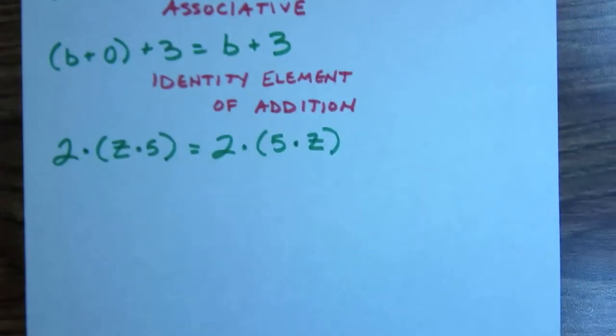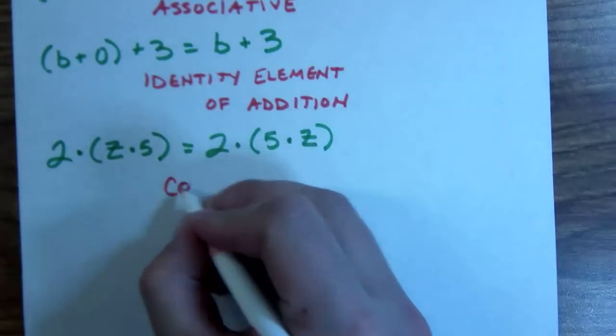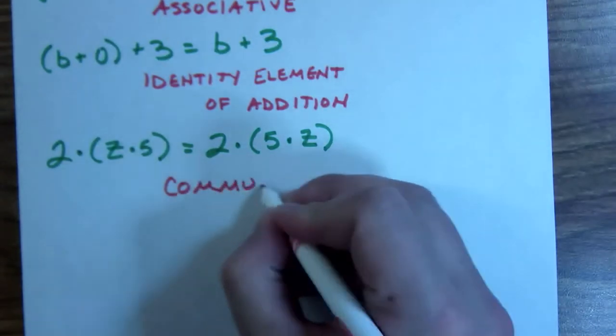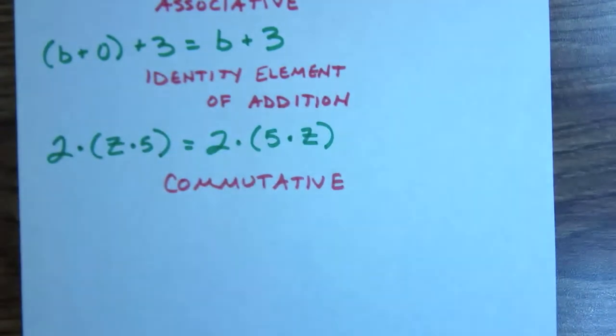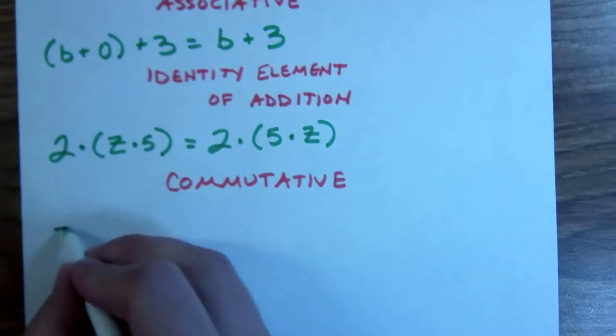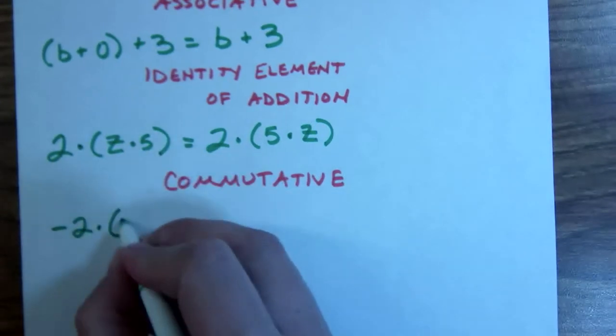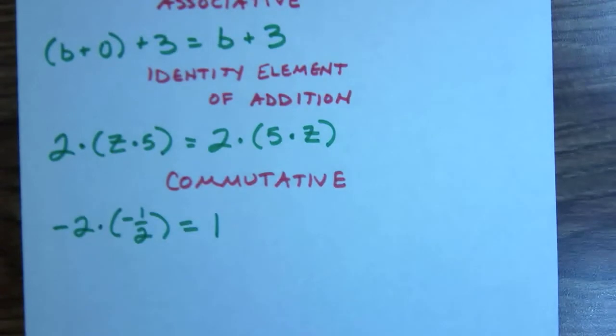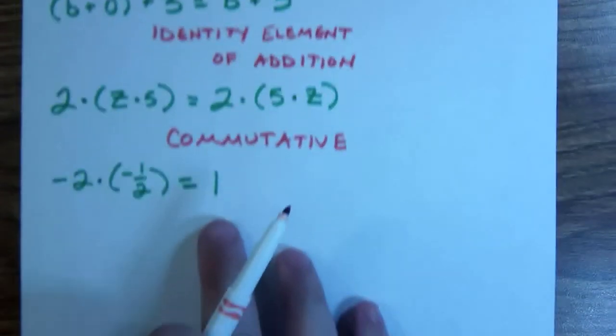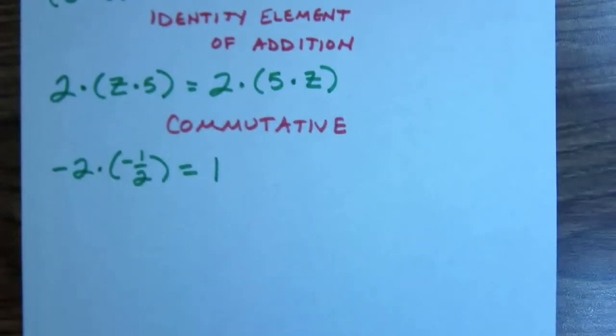That's commutative. Why? What did I commute? Yeah, the 5 and the z switched places. The identity, right? Multiplication inverse. It's the multiplicative inverse.